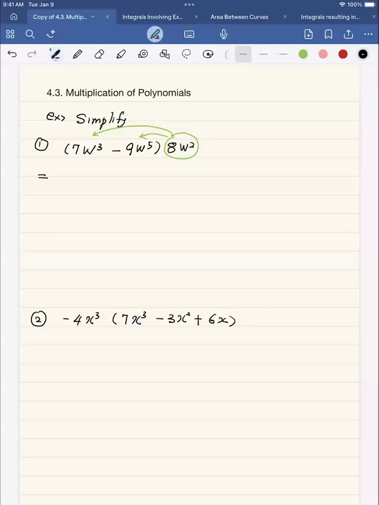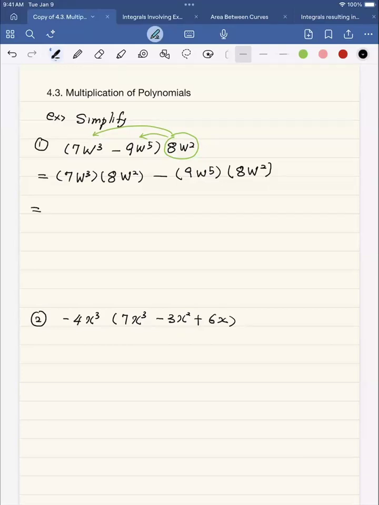Then we get 7w cubed times 8w squared minus 9w to the fifth power times 8w squared.